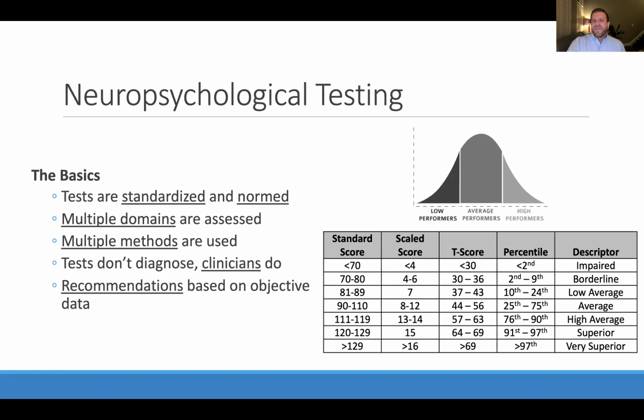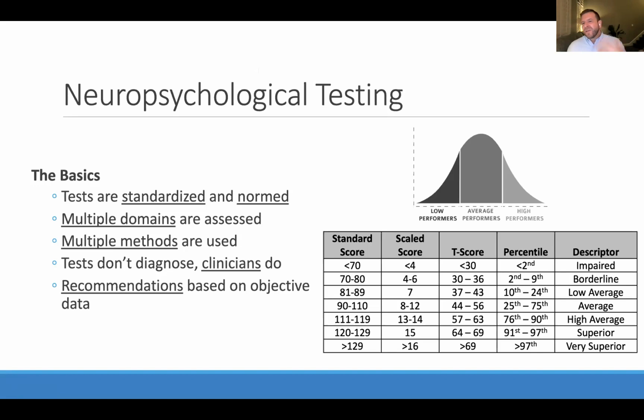And you'll notice here, what I've put on the right is a lot of these standard scores. What we're going to talk about today is that anytime you're looking at a neuropsychological evaluation report, or really any kind of standardized evaluation report, what you want to pay attention to is the percentiles, because that's often going to tell you where an individual will fall relative to others in that age or grade level group, okay?